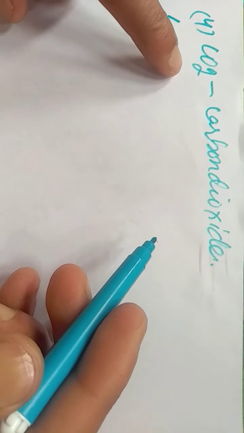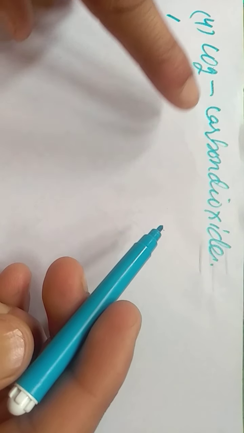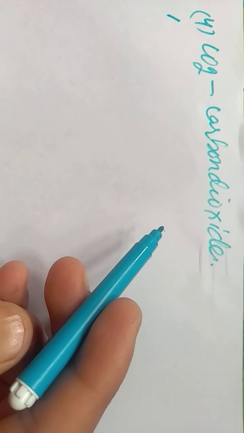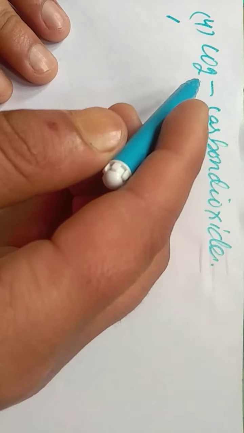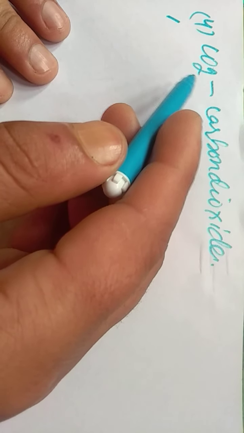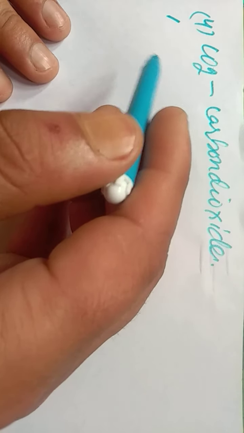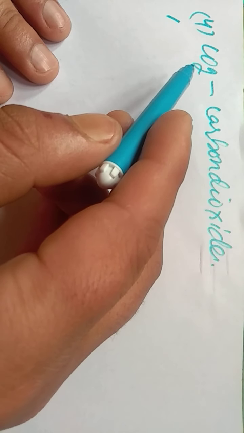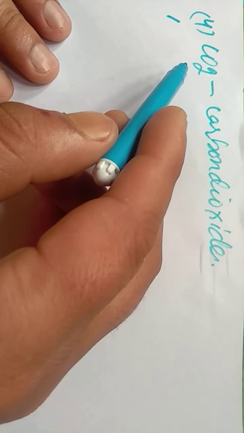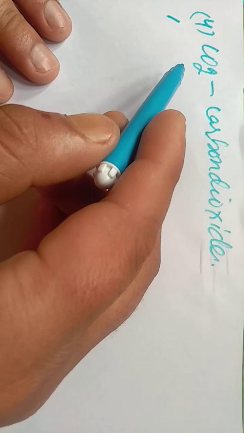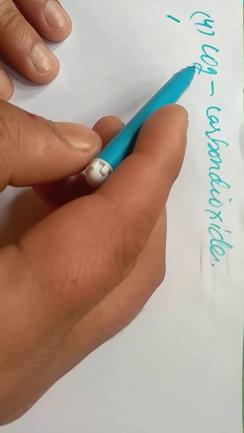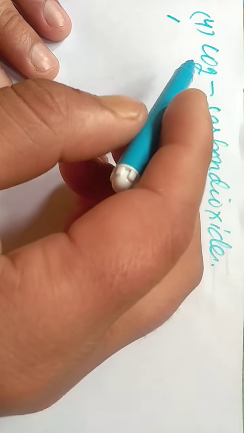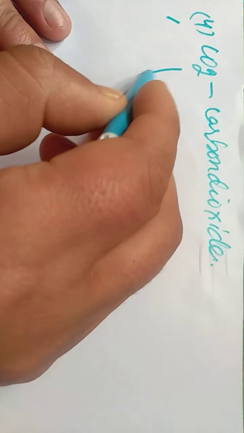Next example is carbon dioxide. This example is a little bit different from the previous ones. In this case there are sigma bonds as well as lone pairs of electrons. So we can draw the structure of carbon dioxide like this.